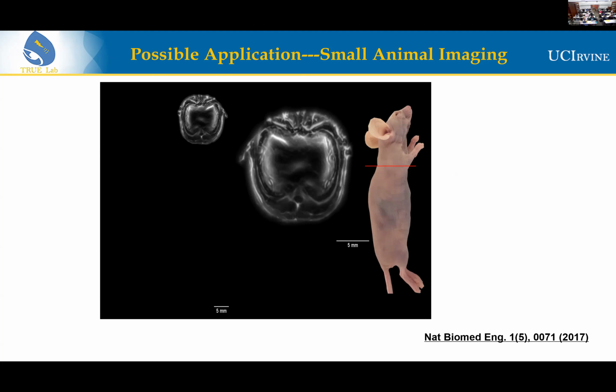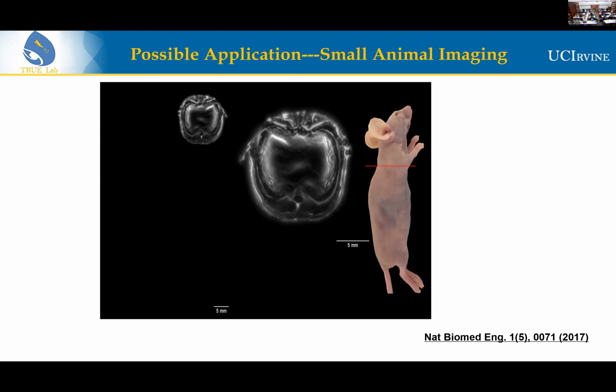But for small animal imaging, there's a lot of modalities like fluorescence, like X-ray, PET. They're working very well. But I think photoacoustic imaging really has a very good position here because if you look at this video, that was published in Nature Biomedical Engineering back in 2017.